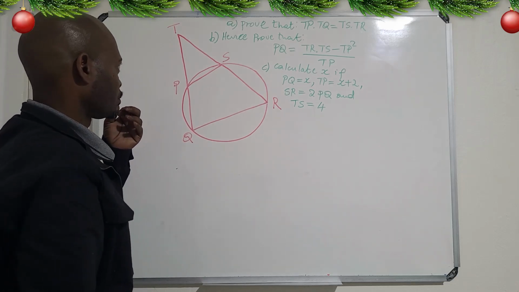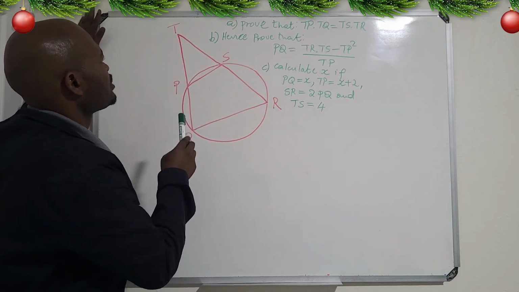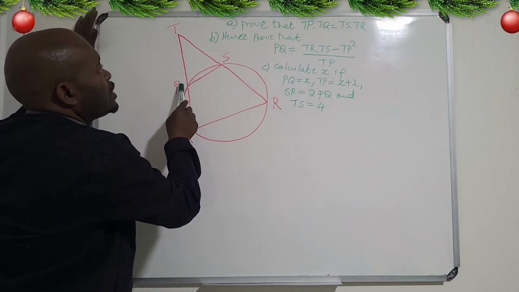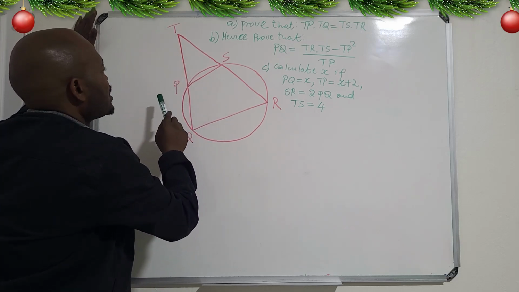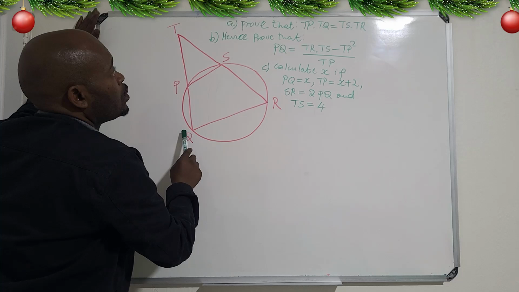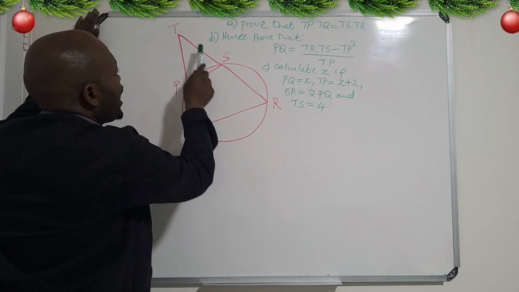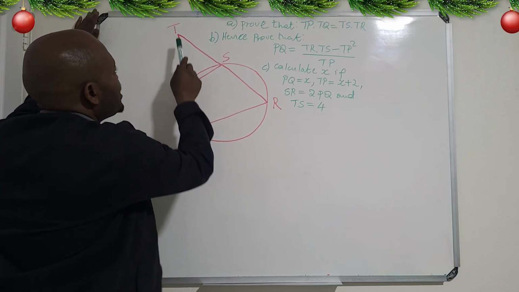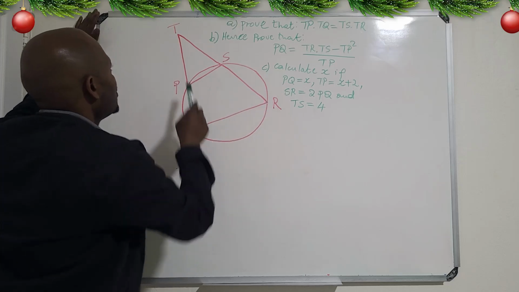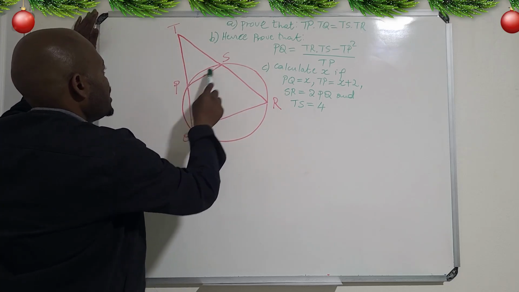Now, since we are told that we must show that TP times TQ is equals to TS times TR, you can see that TP is in this triangle.